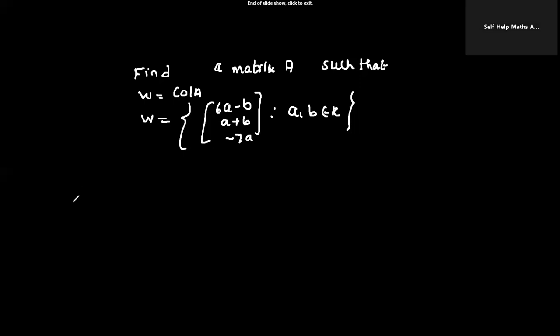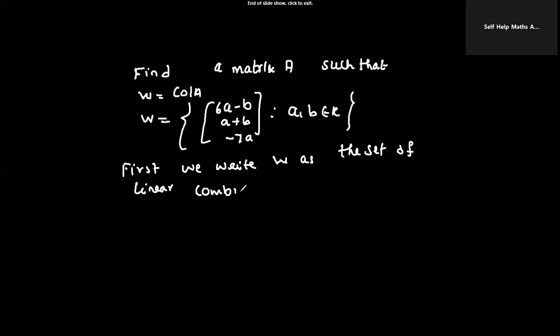Therefore, first we write our W as the set of linear combinations. If you observe here, we have got a terms and also b terms involved.